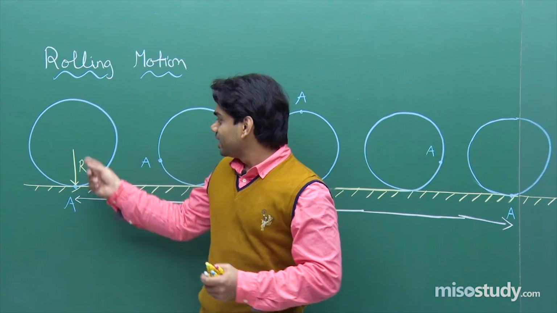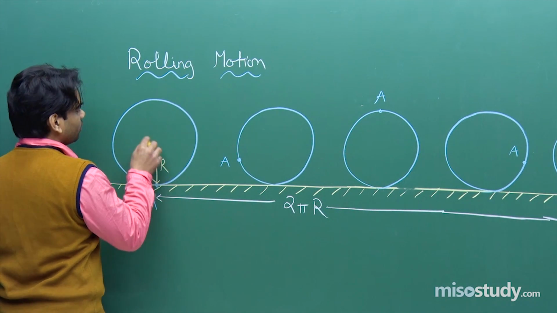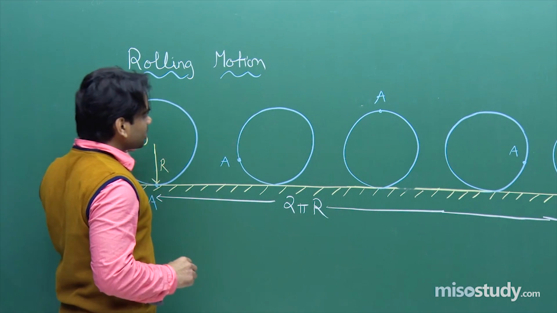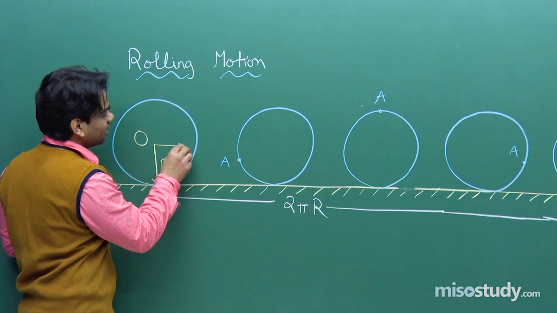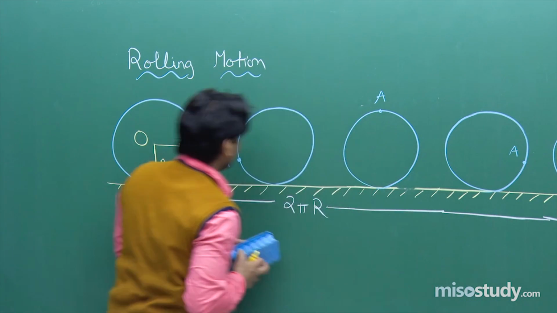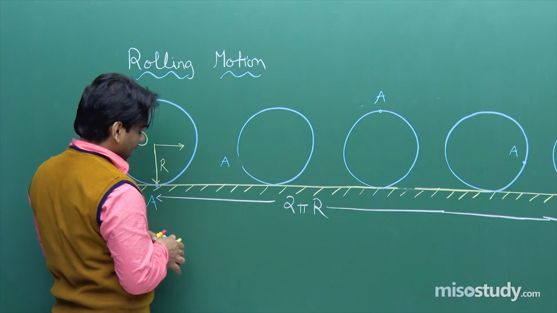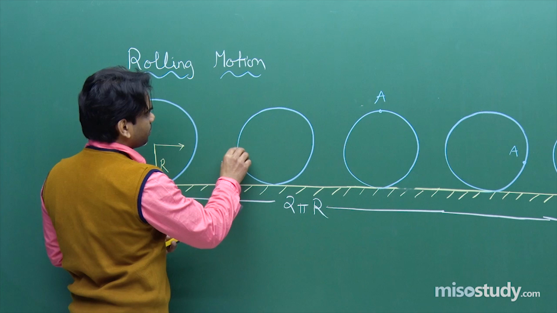Let us show this is the center of the wheel. Let's call it O. It is moving in a translation motion. You can see that it is moving linearly. What about point A? Point A is not moving in a linear fashion, rather it's moving on an arc-like path.